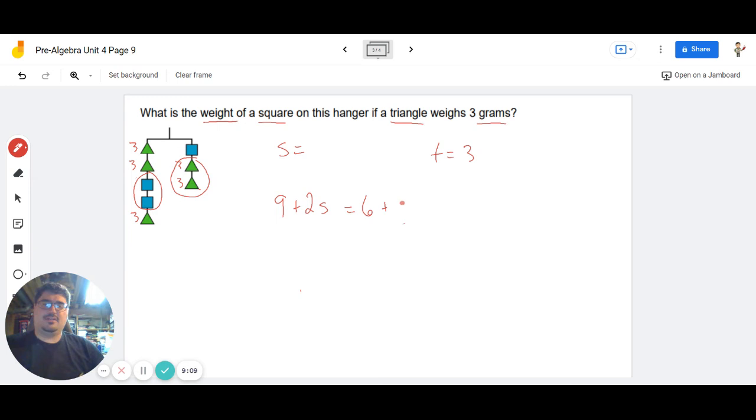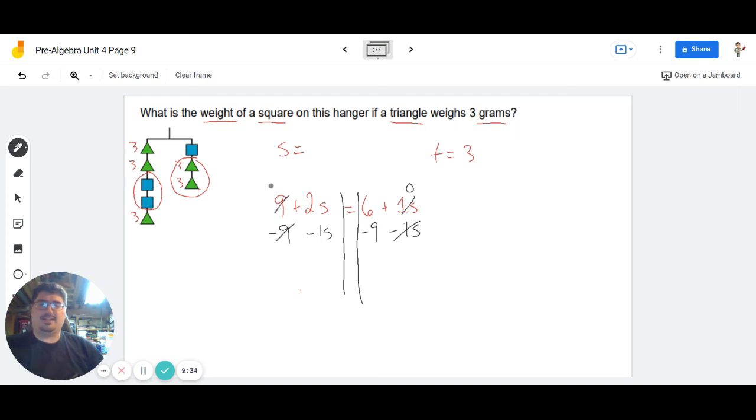6 plus 1 square. We'll equal sign highway. And then we will subtract 1S from each side. So minus 1S, minus 1S. Okay, so that goes to 0. And subtract 9 from both sides, minus 9.